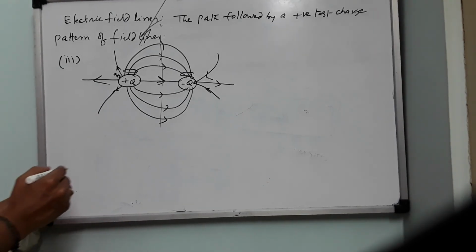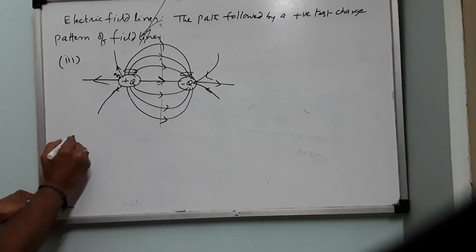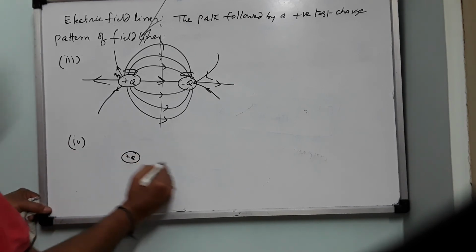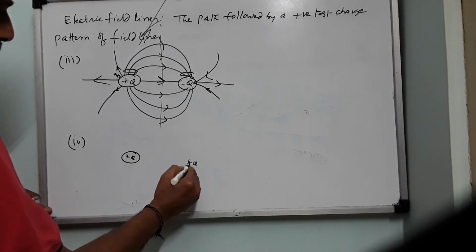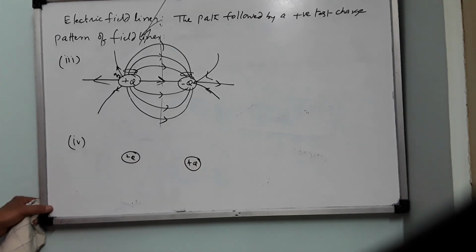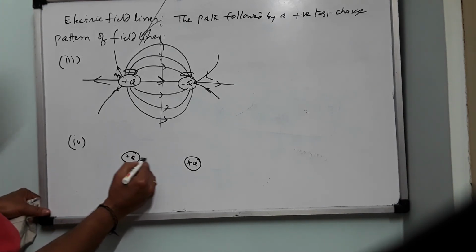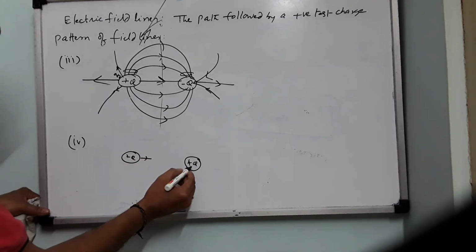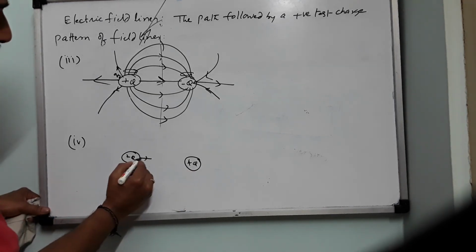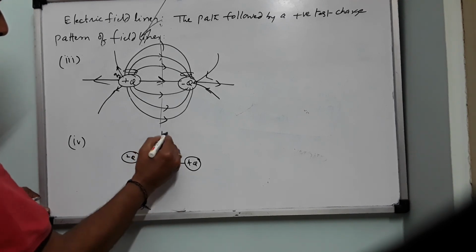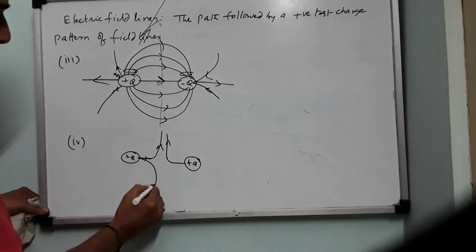Right. Now, fourth configuration, if you have got similar charges, say here is plus Q and here also plus Q, what will be the pattern? What will be the design of the electric field lines? Means Q0, if you place here, it will be repelled by plus Q, so it tries to move ahead like this. But at the same time, this plus Q also will be repelling this. What will happen? Slightly there will be a deviation. And if you place over here, it will go like this, and it will be like this.